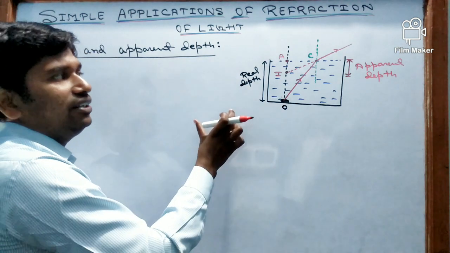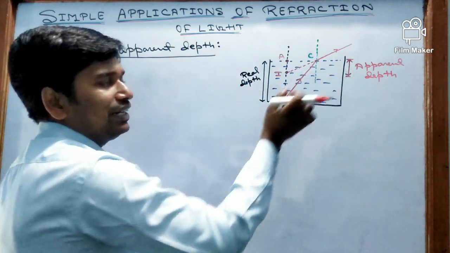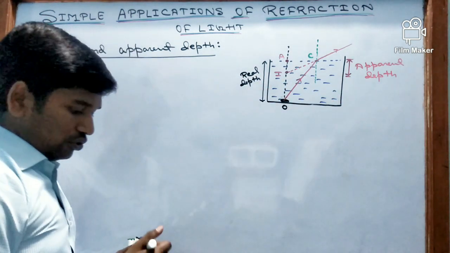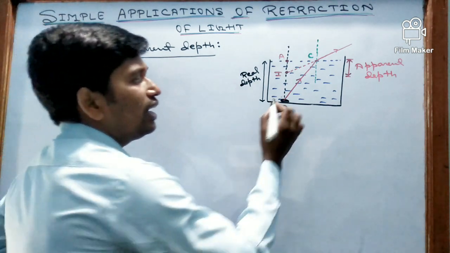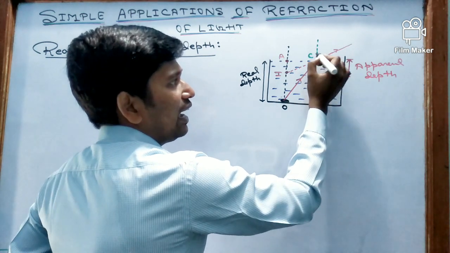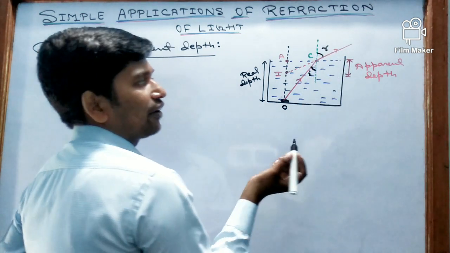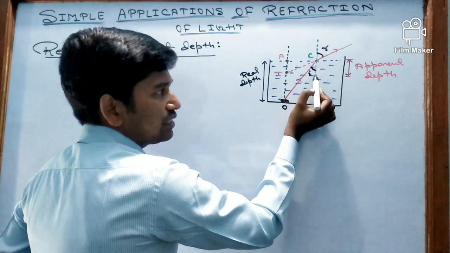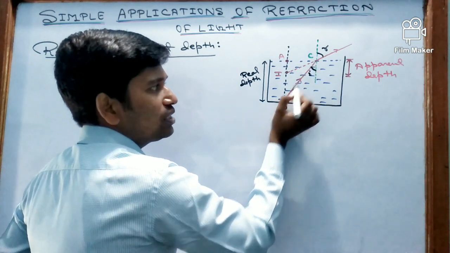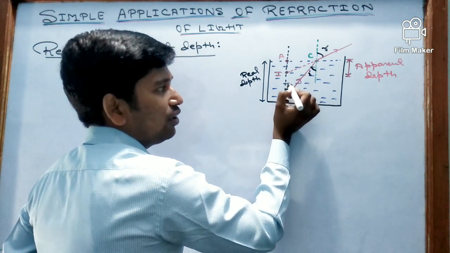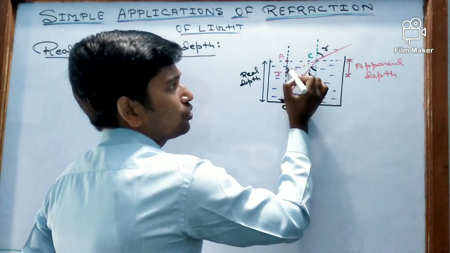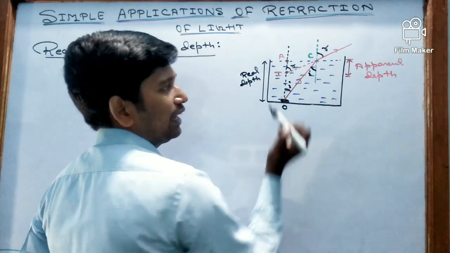So what is the relation between real depth, apparent depth, and the refractive index of the medium, that means water? For that we will see, as this is the incident ray, this angle is the angle of incidence i, and this angle is the angle of refraction r. As we know, this green line and this black one are parallel, and OC is a transversal, so this angle will also become i, alternate angle, and as this is r, this angle will also become r, corresponding angle.